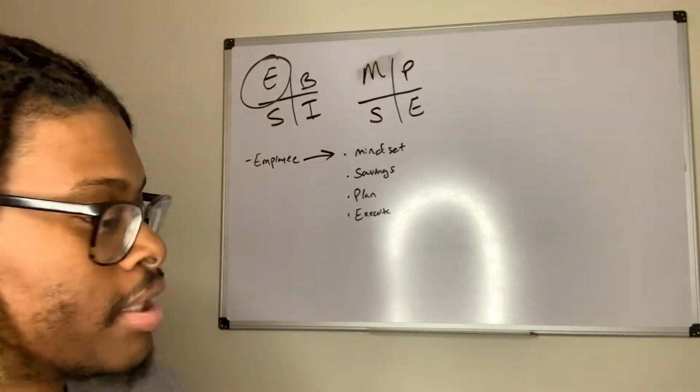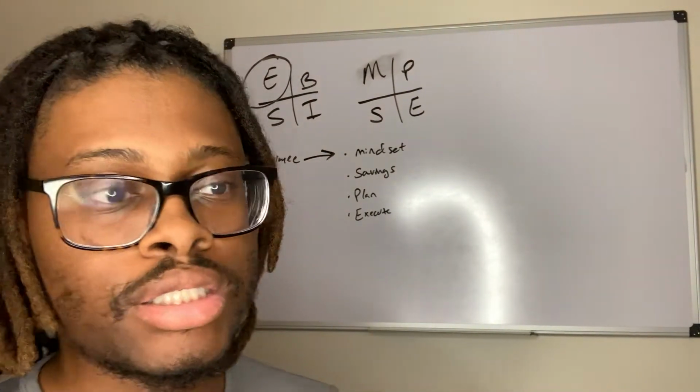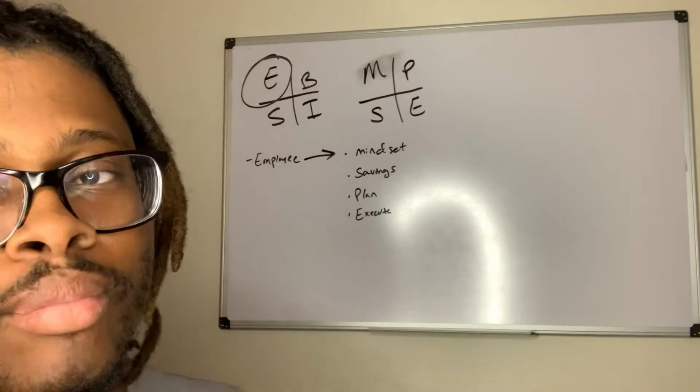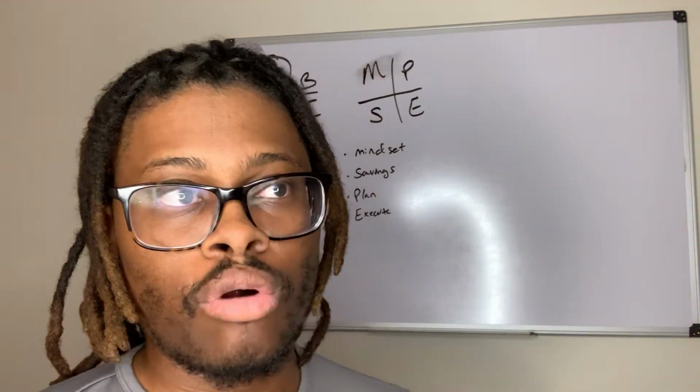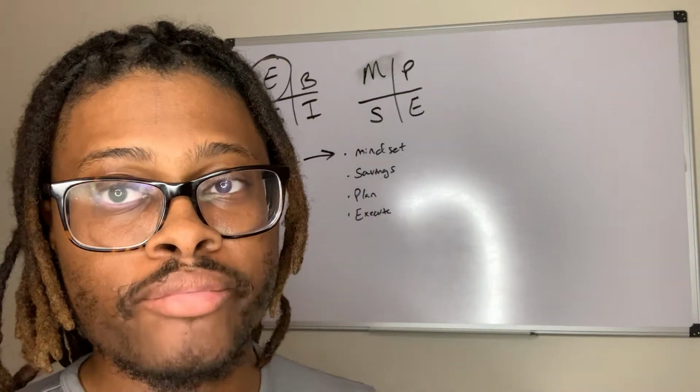Me and Pierre kind of talked about this: you have a lot more responsibilities when it comes to being in business. So if you don't have your mindset right, a lot of things can go wrong, and then it's about how you adapt to those things, right?